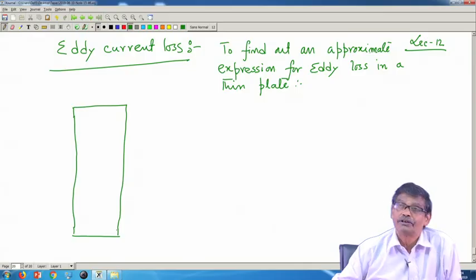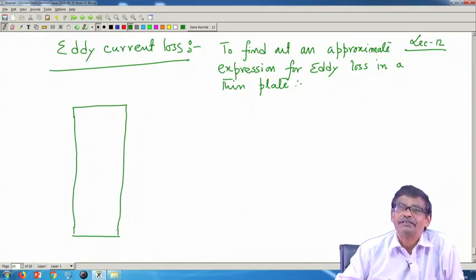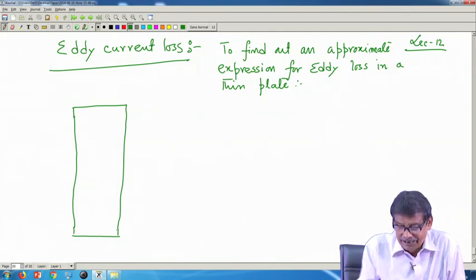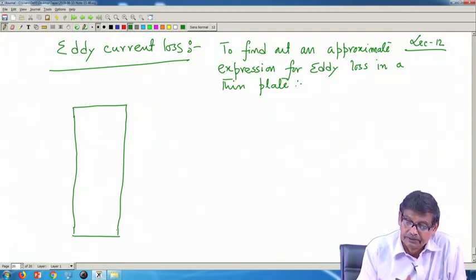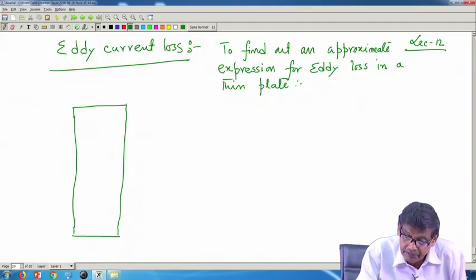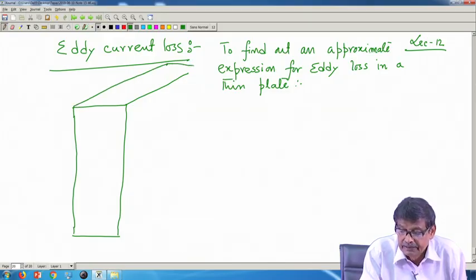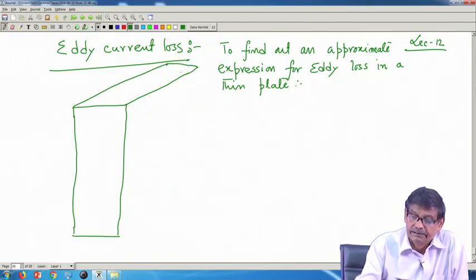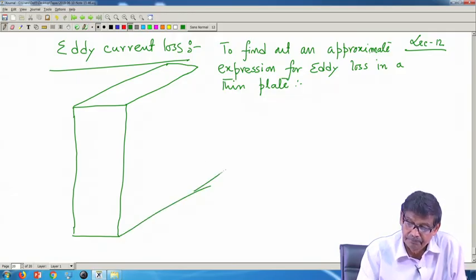Thickness is of the order of 0.25 millimeter, 0.3 millimeter, but I am drawing it on a larger scale, so that we can understand what is going on. And suppose this is a single plate and it has got a length that side also, got the point.